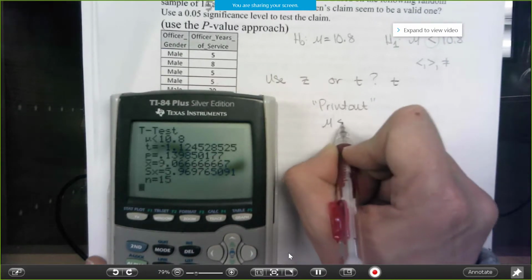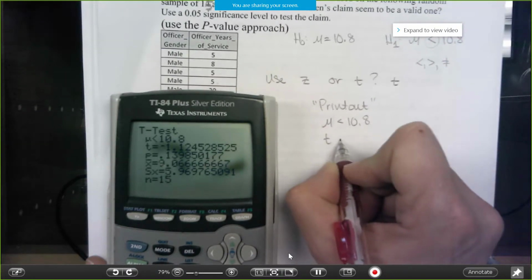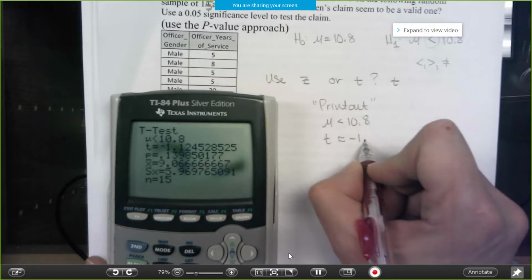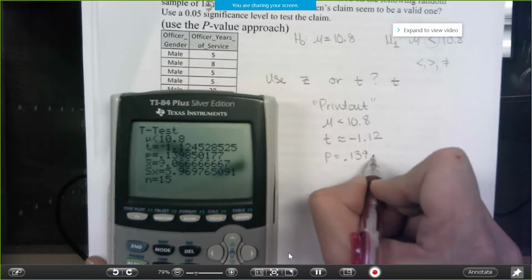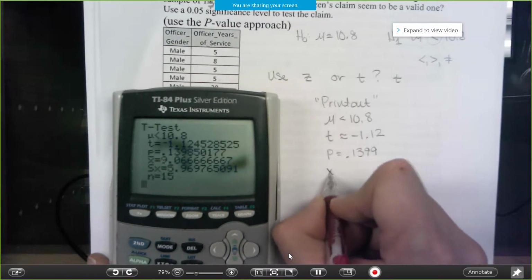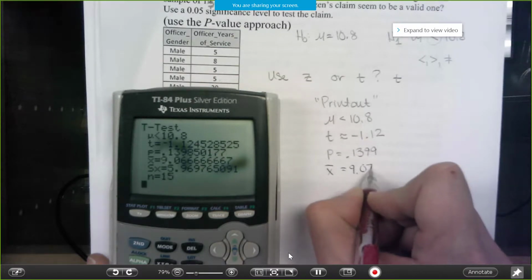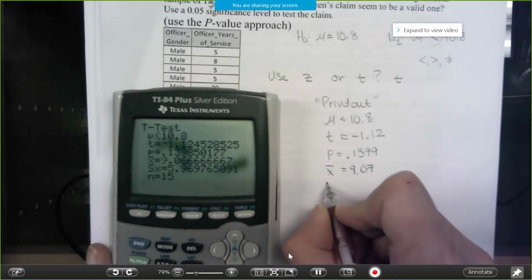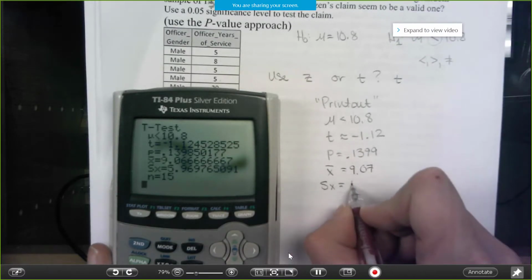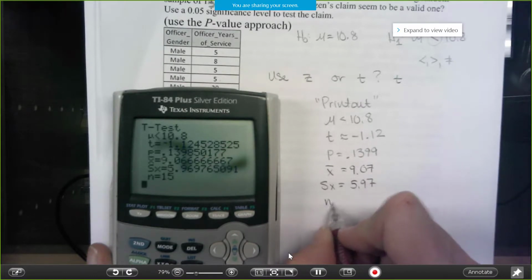So I get mu less than 10.8, t, I'll do 2 decimal places, negative 1.12, p equals 0.139, I'll do 4 decimal places, x bar equals 9.07, and Sx equals 5.97, and n equals 15.